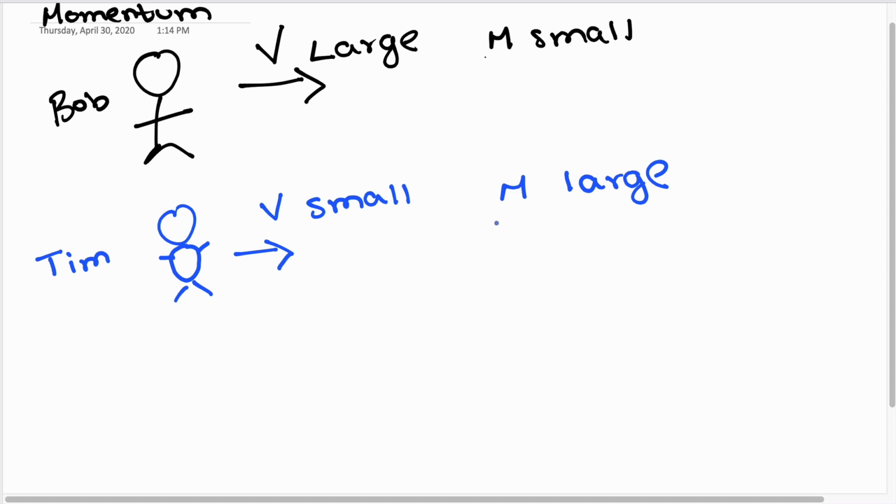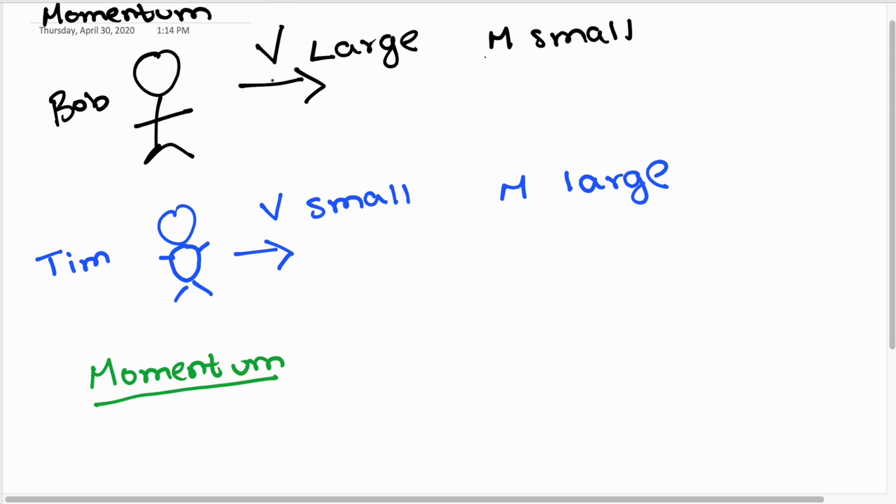And this idea of how unpleasant getting hit by something is, is called momentum. Momentum is impacted by both velocity and mass. An increase in velocity and an increase in mass would also increase the momentum, as we saw here.